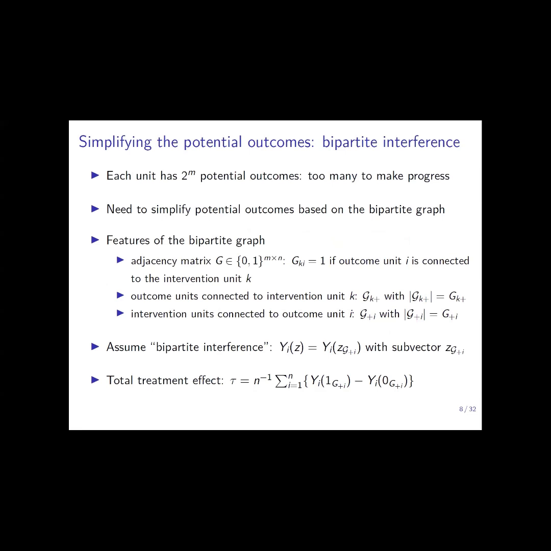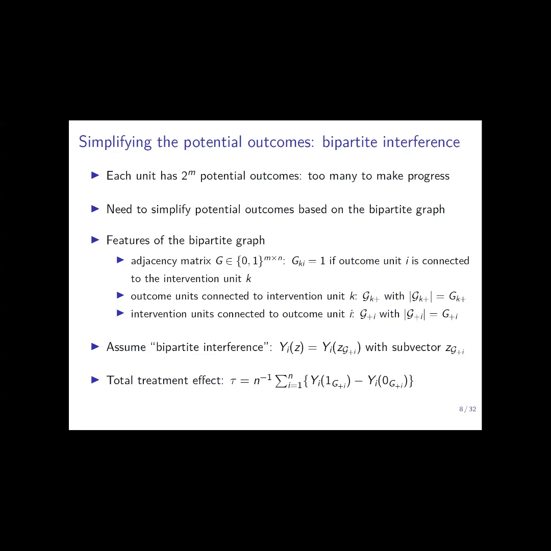Some features of the bipartite graph: we use G to represent the graph. G is binary, 0 or 1. G_ki equals 1 if outcome unit i is connected to intervention unit k, otherwise 0. That's the graph adjacency matrix. Some other notation: for a fixed intervention unit k, we have this fancy G_k+.